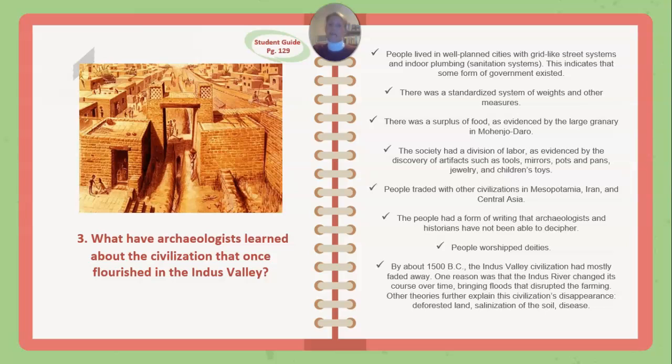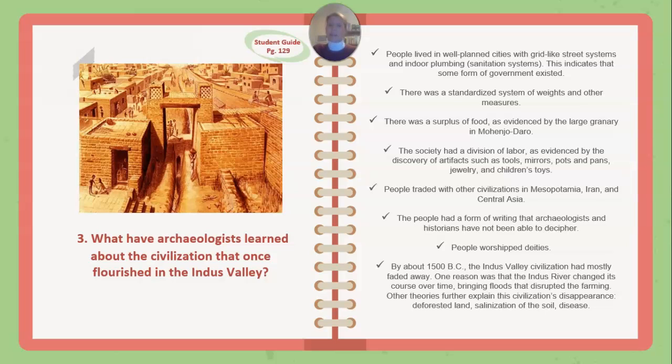The society had a division of labor, as evidenced by the discovery of artifacts such as tools, mirrors, pots and pans, jewelry, and children's toys. People traded with other civilizations in Mesopotamia, Iran, and Central Asia. The people had a form of writing that archaeologists and historians have not been able to decipher. People worshiped deities, which are gods. A deity is a godlike being.